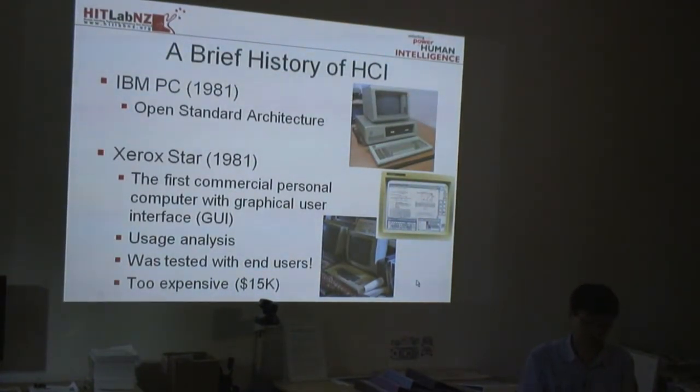Although it was not that successful, the main reason was that it was too expensive for people to buy for their own purposes. But still, it's quite amazing they put a lot of effort into building this system. It's even known that they did some user testing back then to make the user interface more friendly to end users.